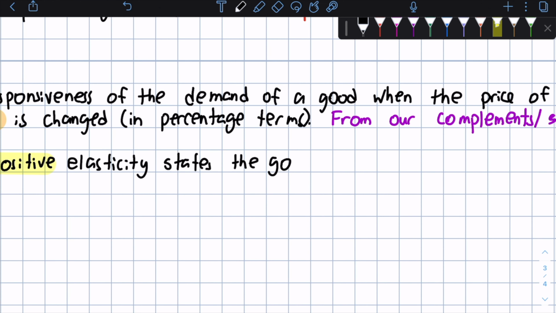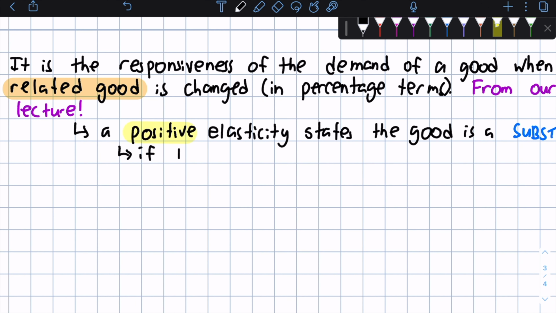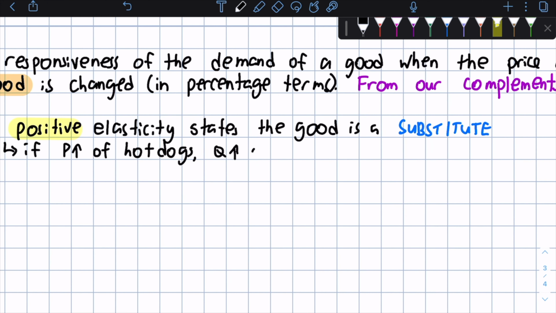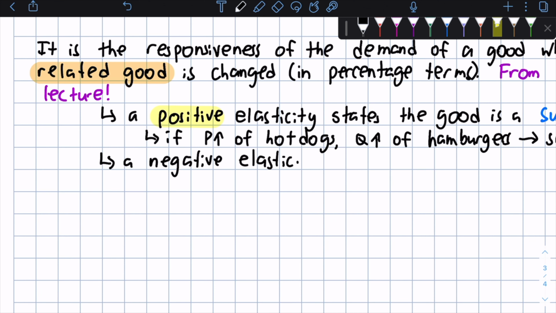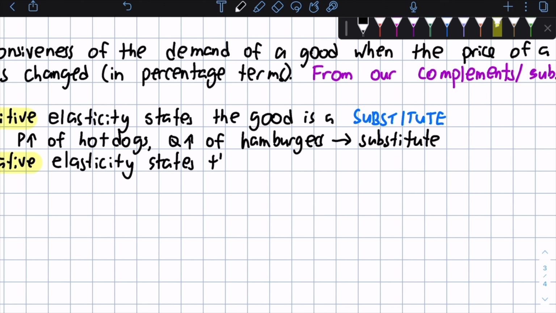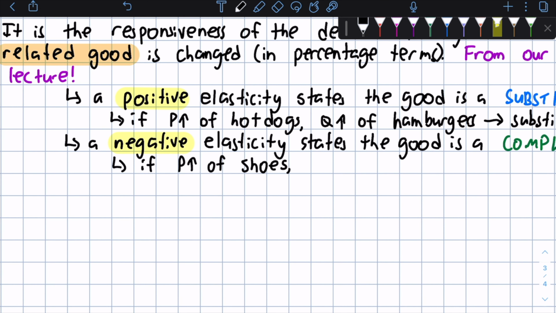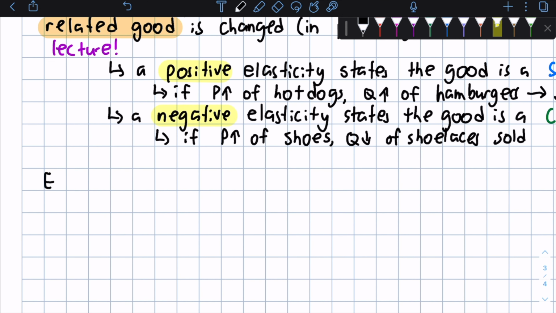So here again, positive elasticity states that a good is a substitute. If the price of hot dogs increases, the quantity of hamburgers increases, so demand increases for the substitute. And a negative elasticity means that they are complements. In this case, if the price of shoes increases, the quantity of shoelaces consumed falls because they are complements.